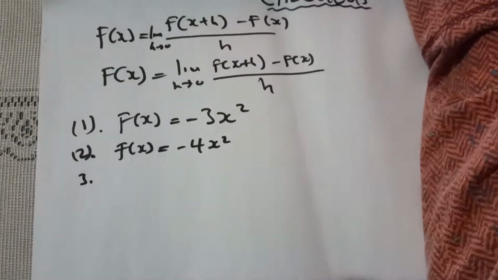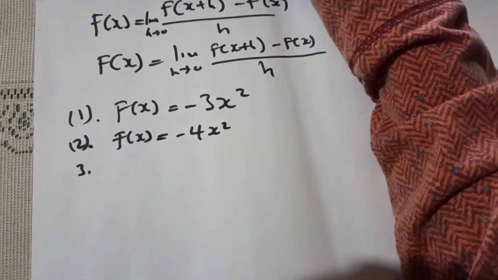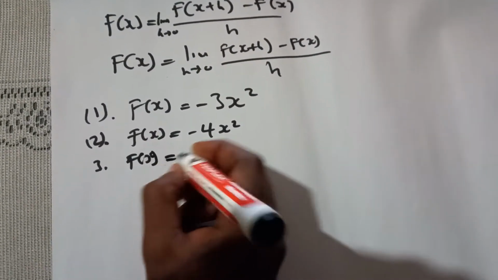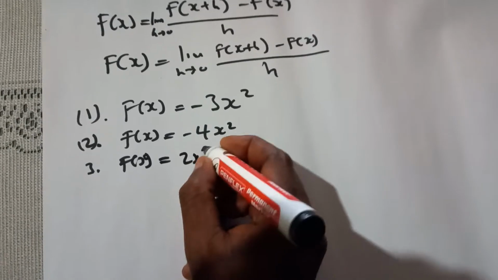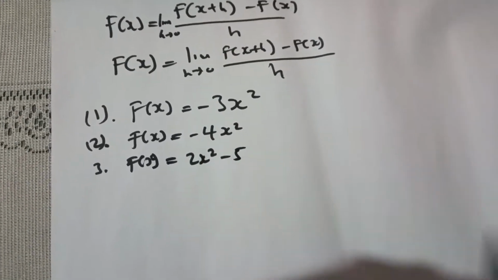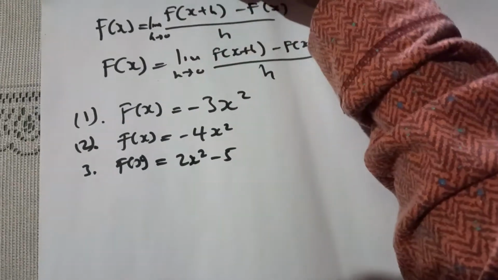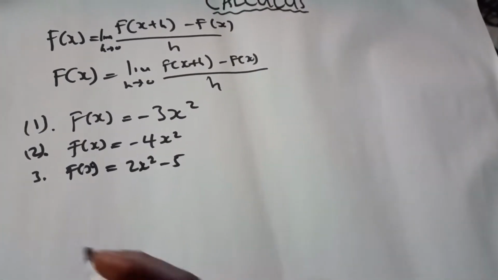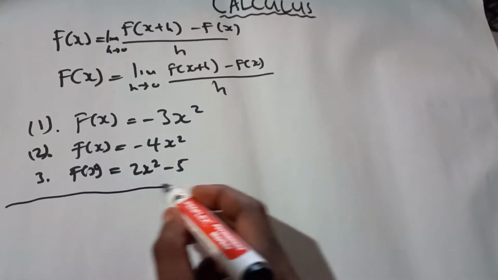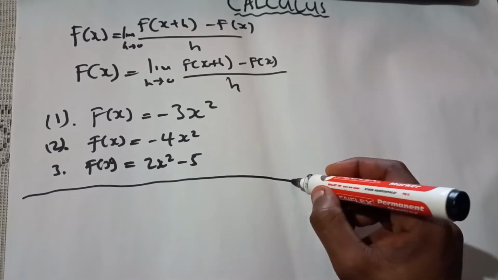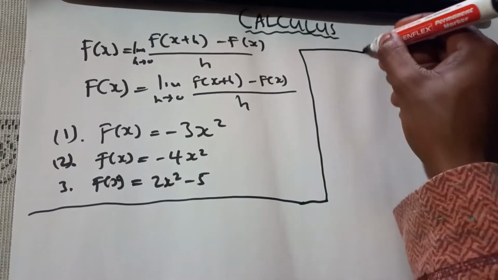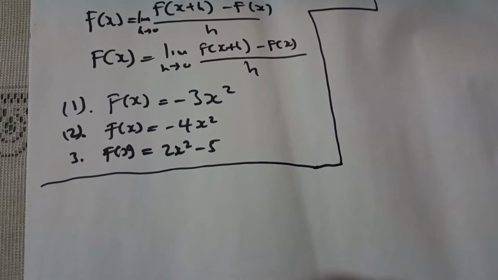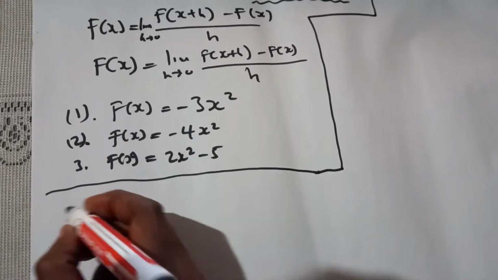Then the third example will be f of x equals 2x squared minus 5. Now, if the question comes and says, find this, solve this using the first principle, or find the derivative using the first principle. So we are going to begin with number 1.